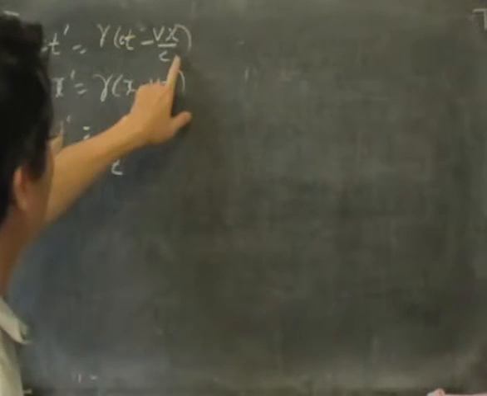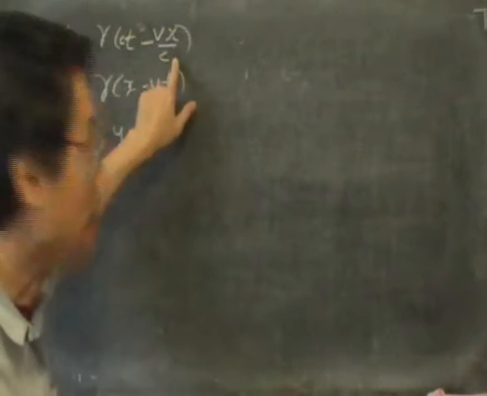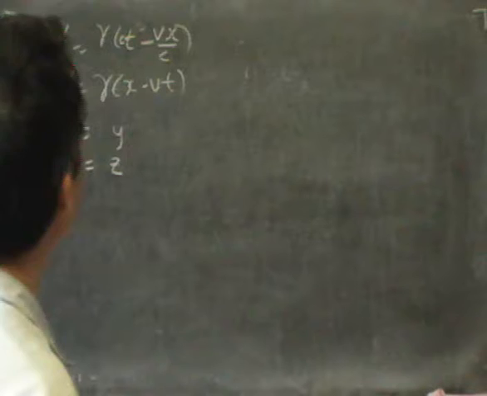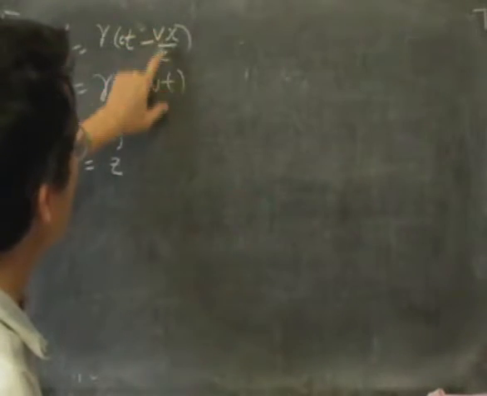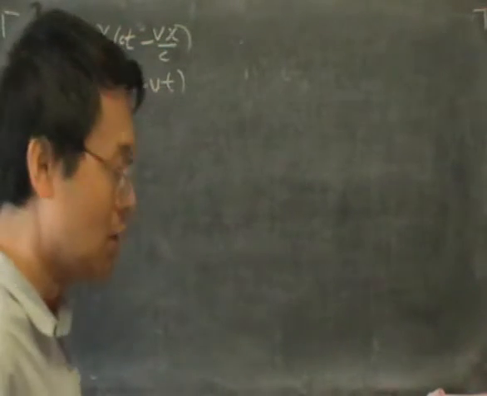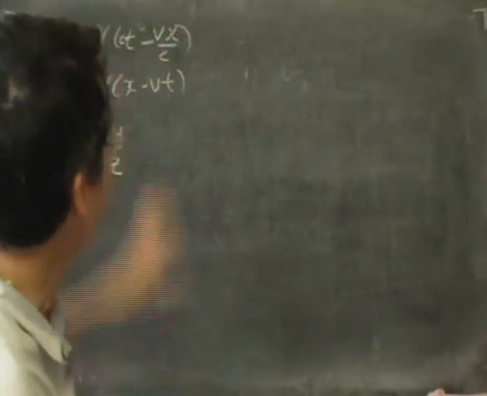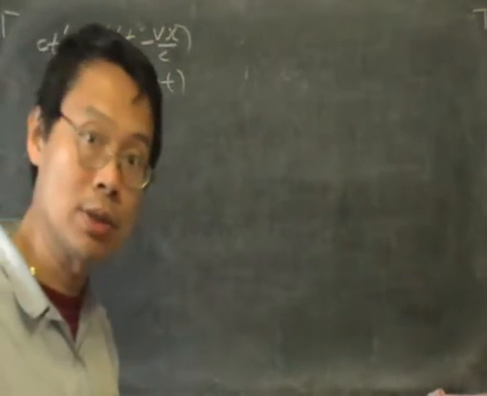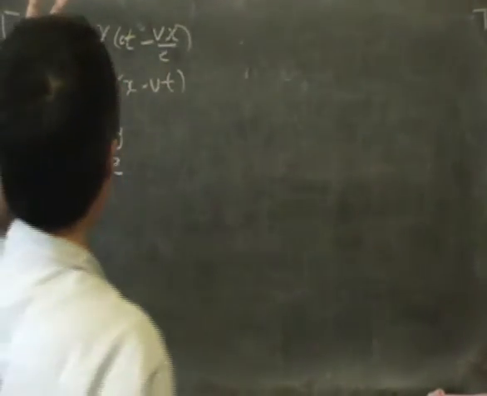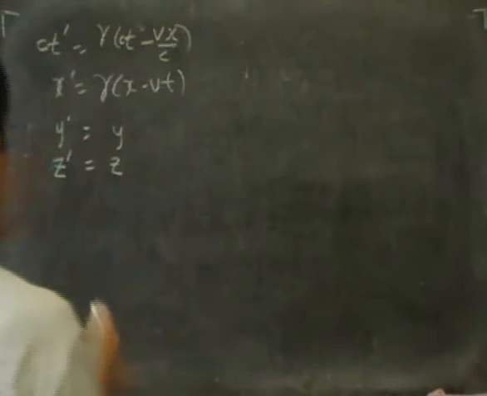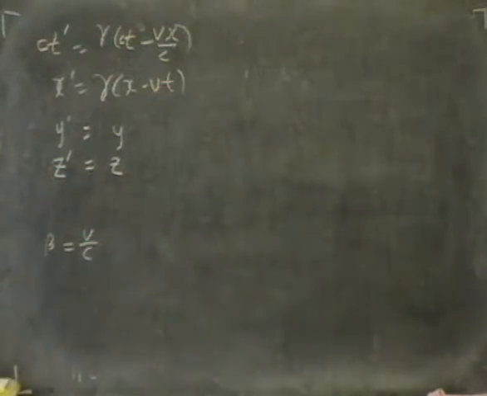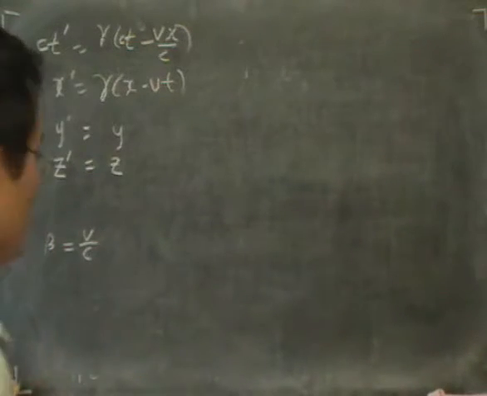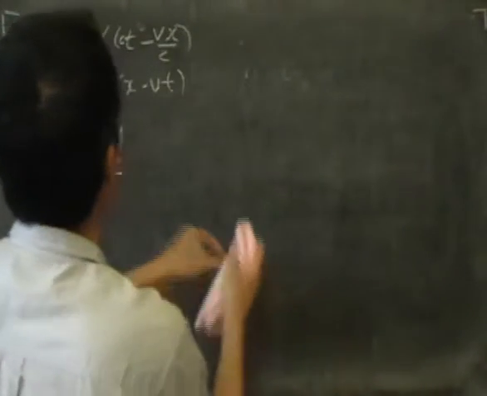So one of the c squared becomes a c when we multiply by c. Now the other thing I'm going to do is, because you will see v over c a lot in both here and in the Lorentz vector, let's give it a name. Let's call it beta. So beta is equal to v over c. That's a frequently used notation.